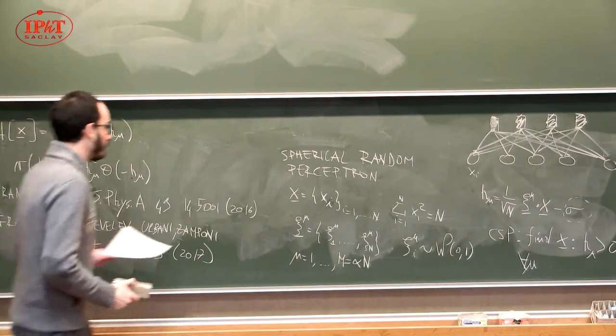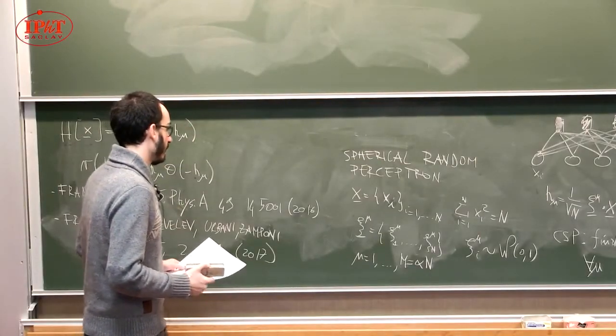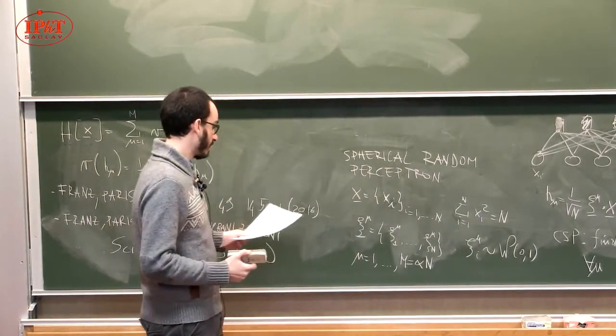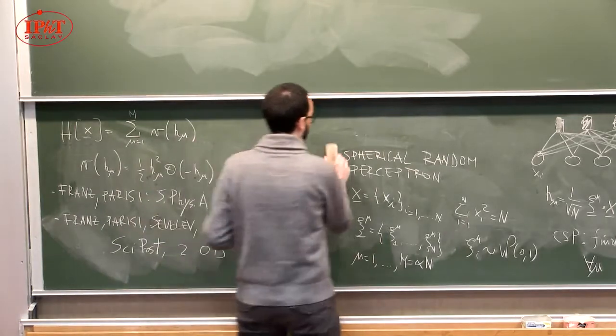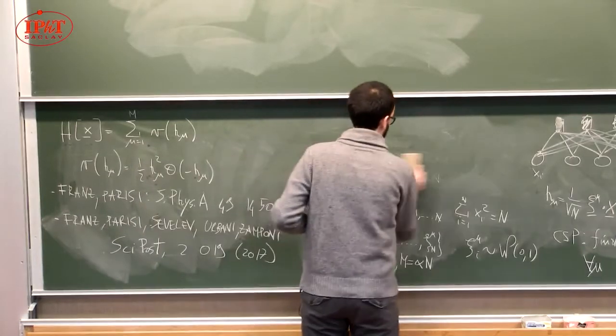So the idea, in order to understand the space of solutions of this constraint satisfaction problem, is to define a partition function. You have an energy, and you can define a partition function.